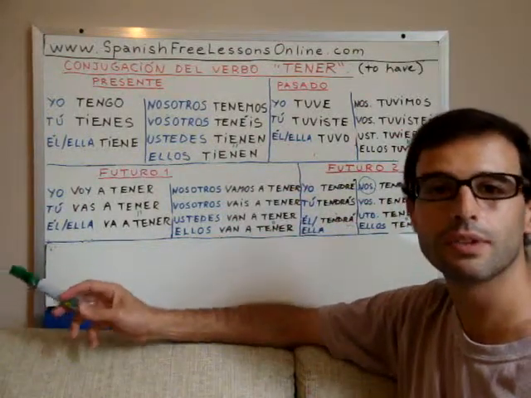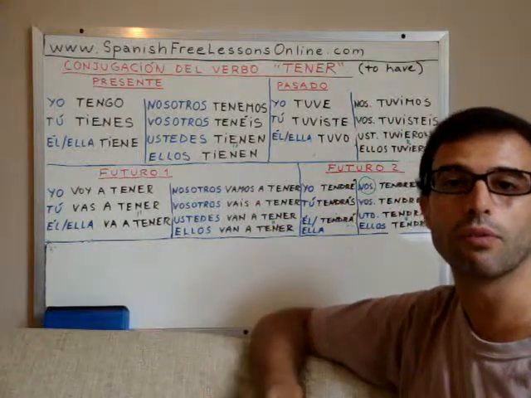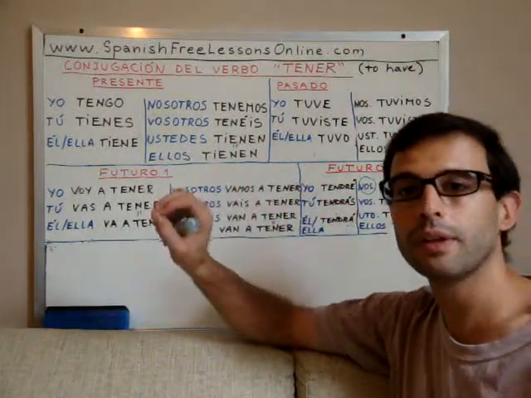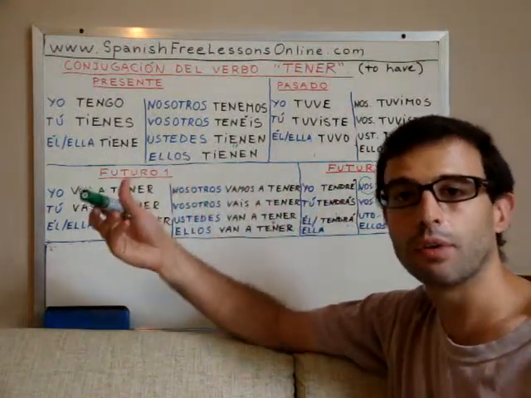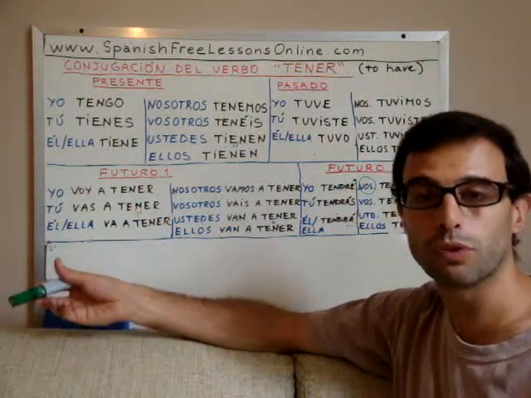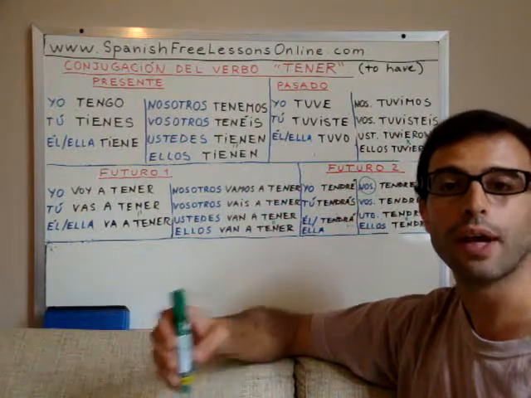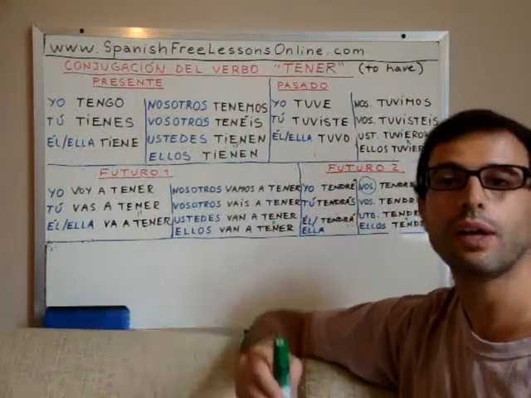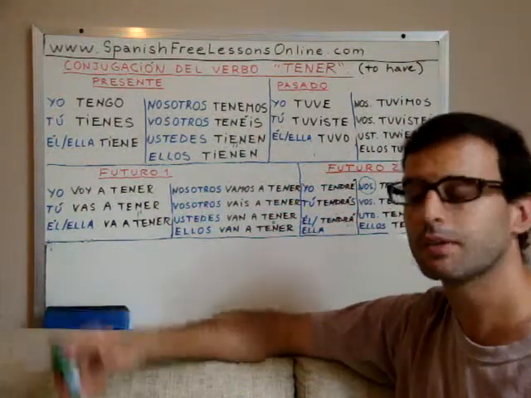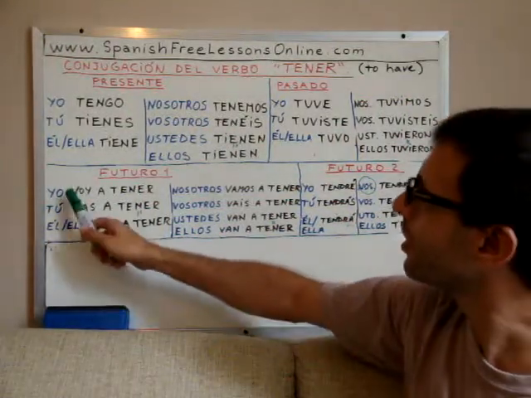So for English conjugation of the future, we just take the word will and then add the verb in infinitive that we want to conjugate, right? For example, I want to conjugate the verb to like into future tense. I will like, he will like, right? Same thing here.